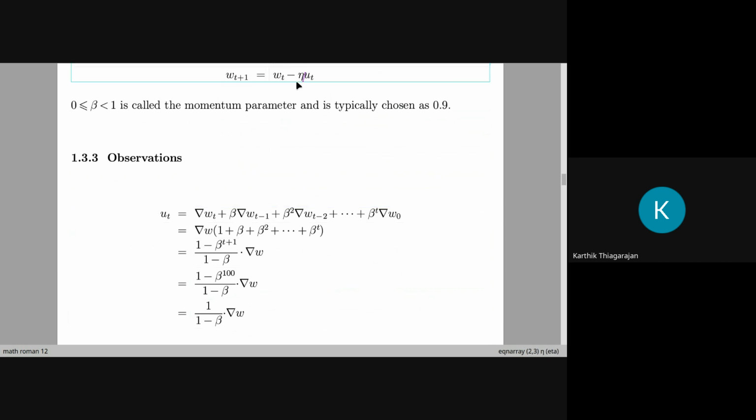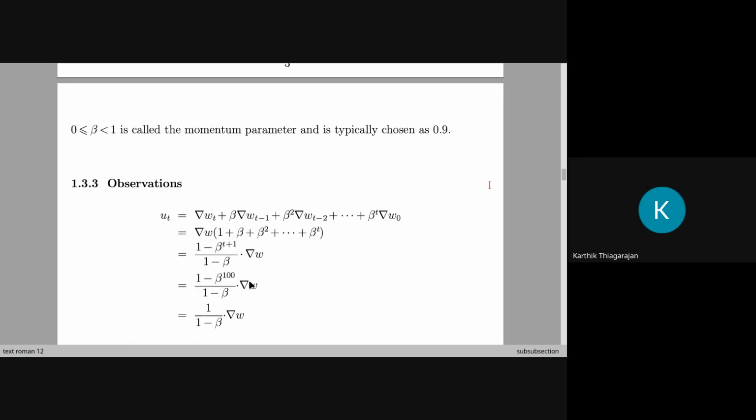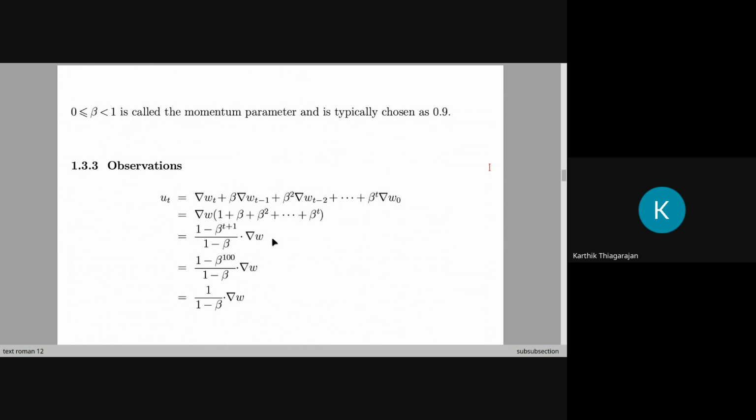Do you get what I'm calling eta prime? Eta prime will be eta upon 1 minus beta. So will eta prime be bigger than eta or smaller than eta?